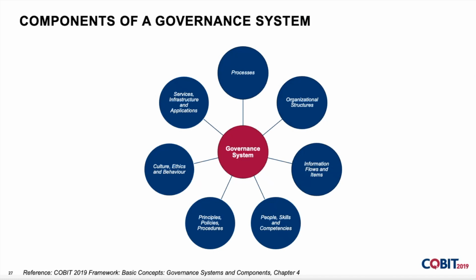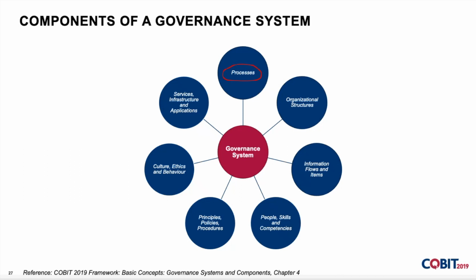Good. Let's review a little bit around what those different components were. The component that almost everyone is most familiar with is obviously the processes, because the processes are the part that COBIT is most known for. It's also what other methodologies like ITIL or TOGAF or other best practice frameworks are very much focused on.